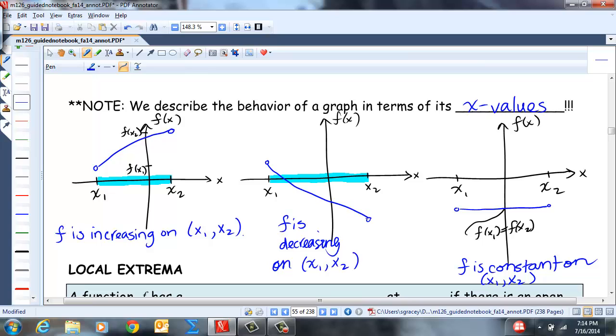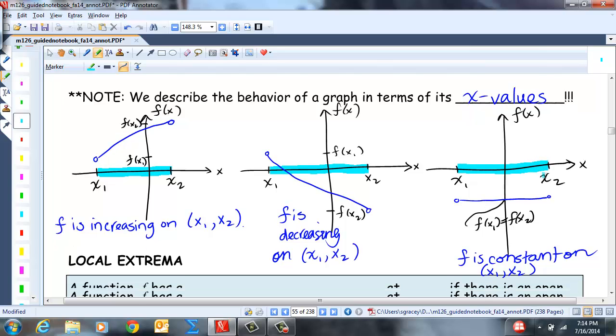So I don't want to do that. Call this one f at x1, and then down here we have our f at x2, which is a lower, smaller y value. And then here, again, we're talking about the interval on x, and f is constant on that interval.